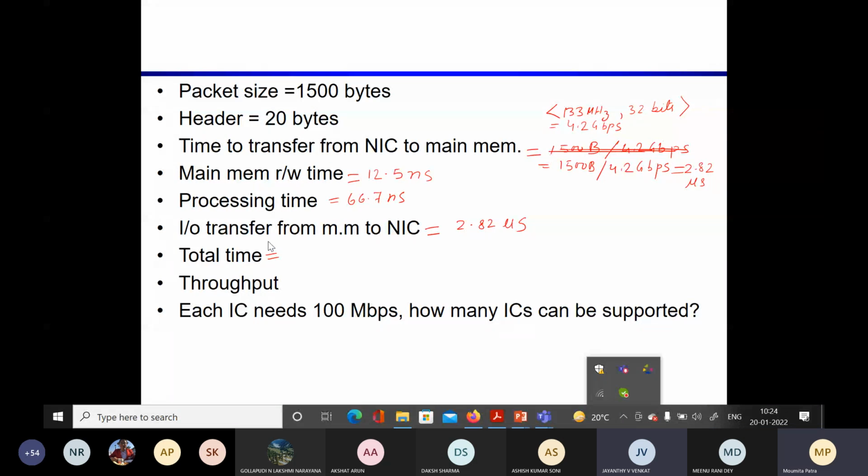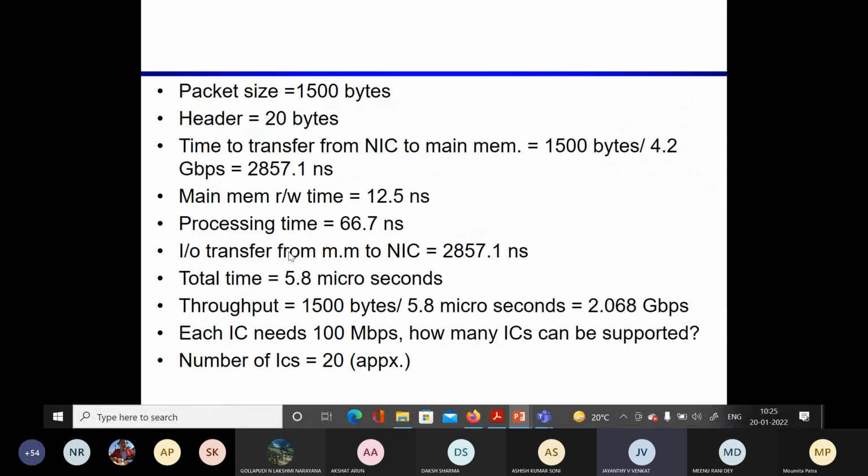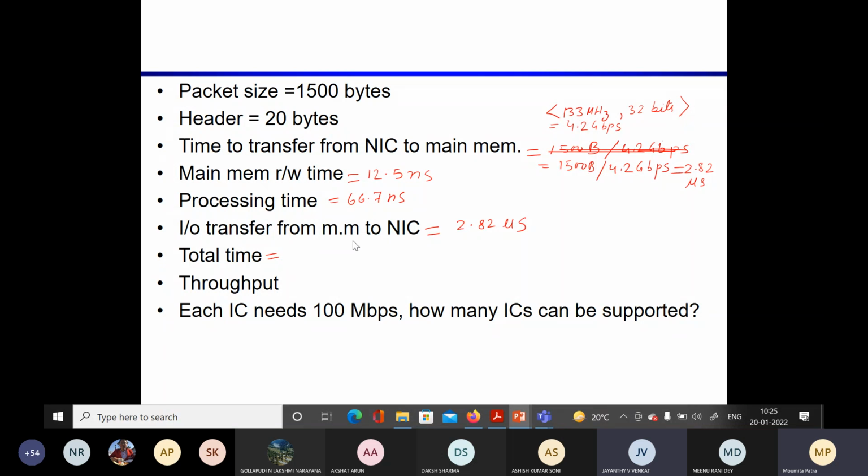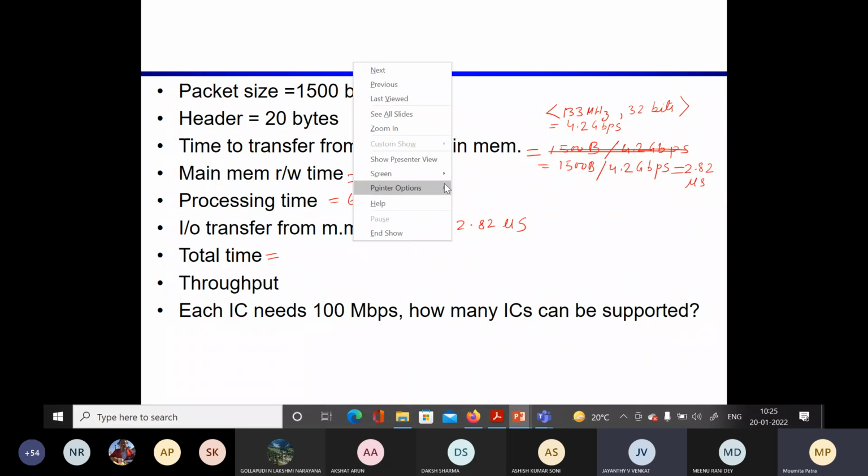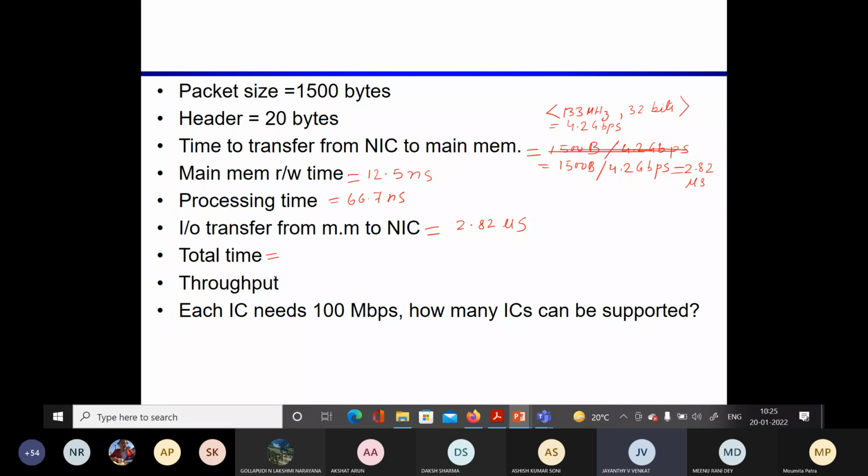So total time, how much are you getting? 5.72 microseconds. Yes, 5.8 microseconds, I've written it for you. Okay, so total time is 5.72 microseconds. Great. Then, what is the throughput?